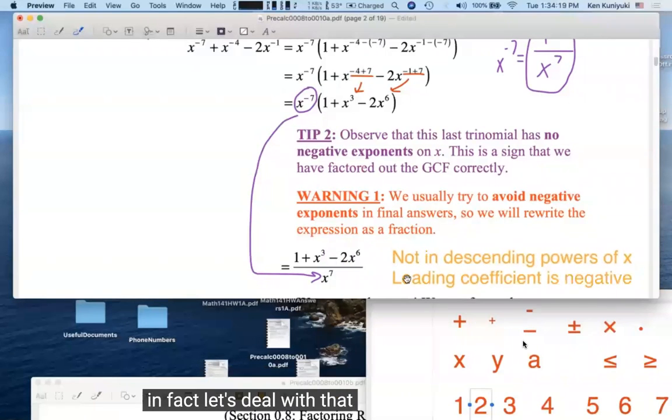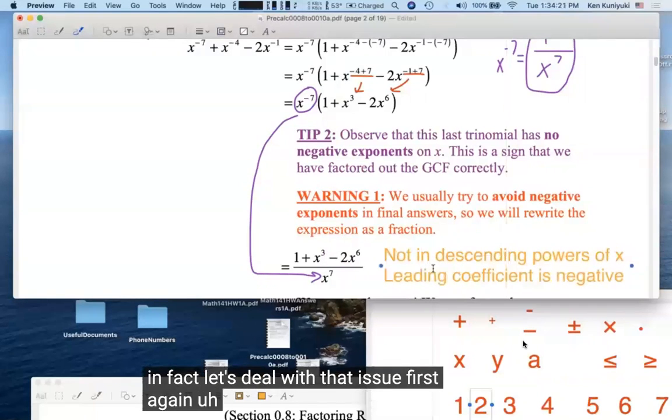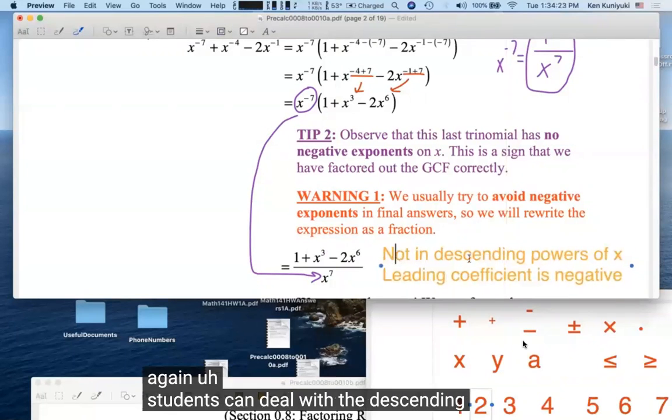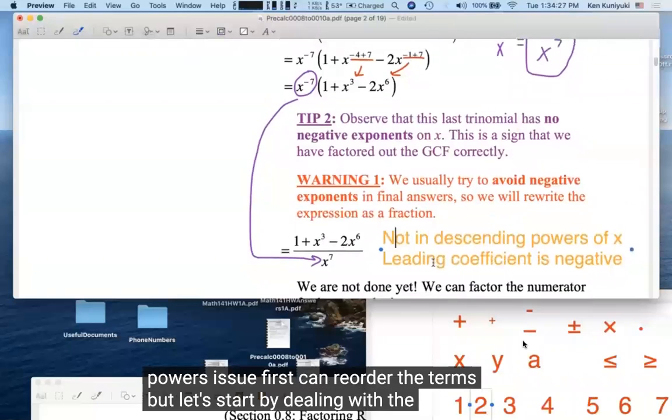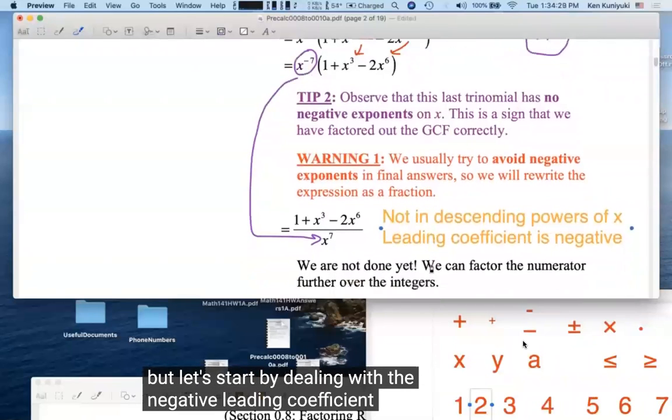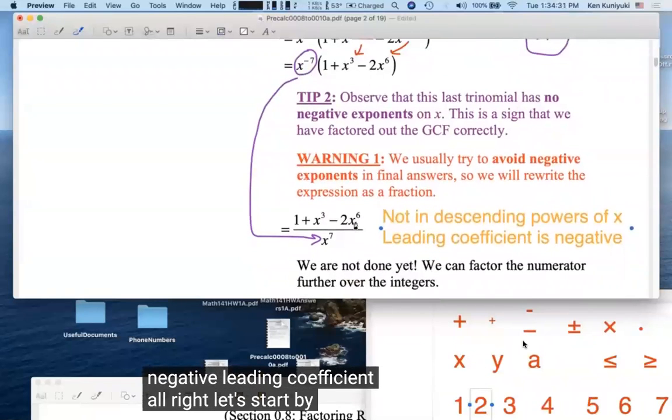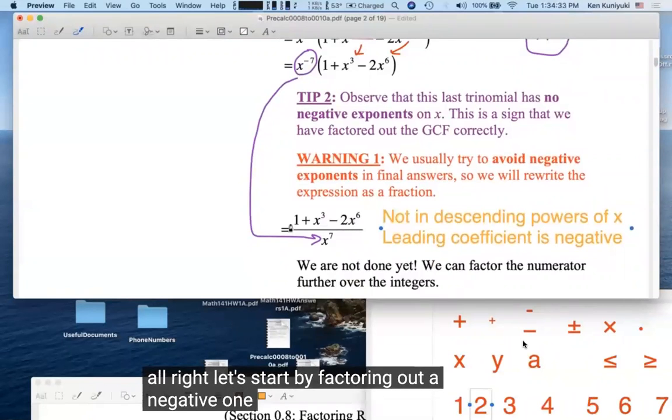In fact, let's deal with that issue first. Again, students can deal with the descending powers issue first, can reorder the terms, but let's start by dealing with the negative leading coefficient. All right, let's start by factoring out a -1 from the numerator.